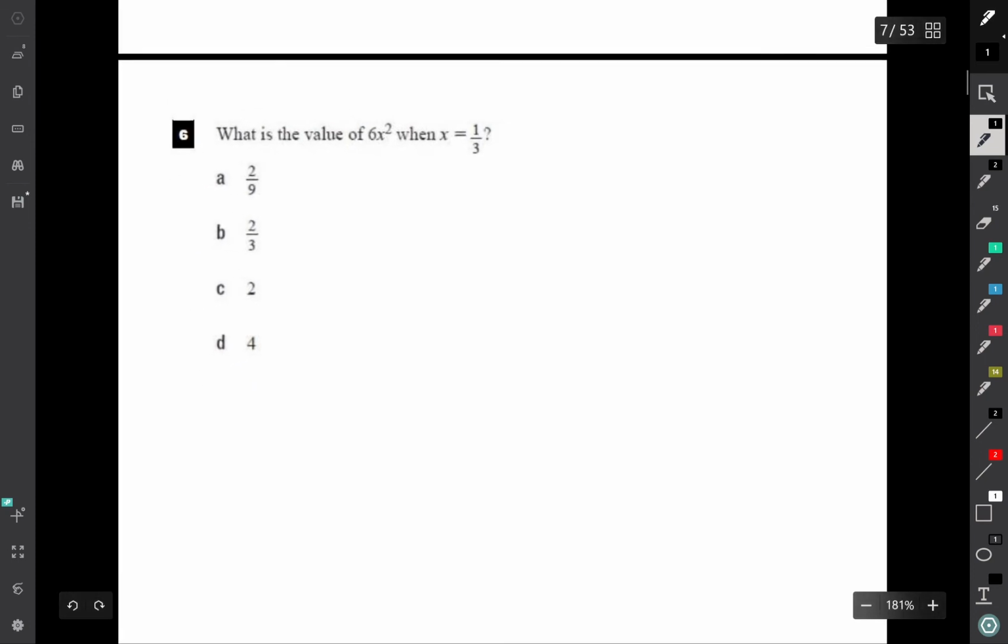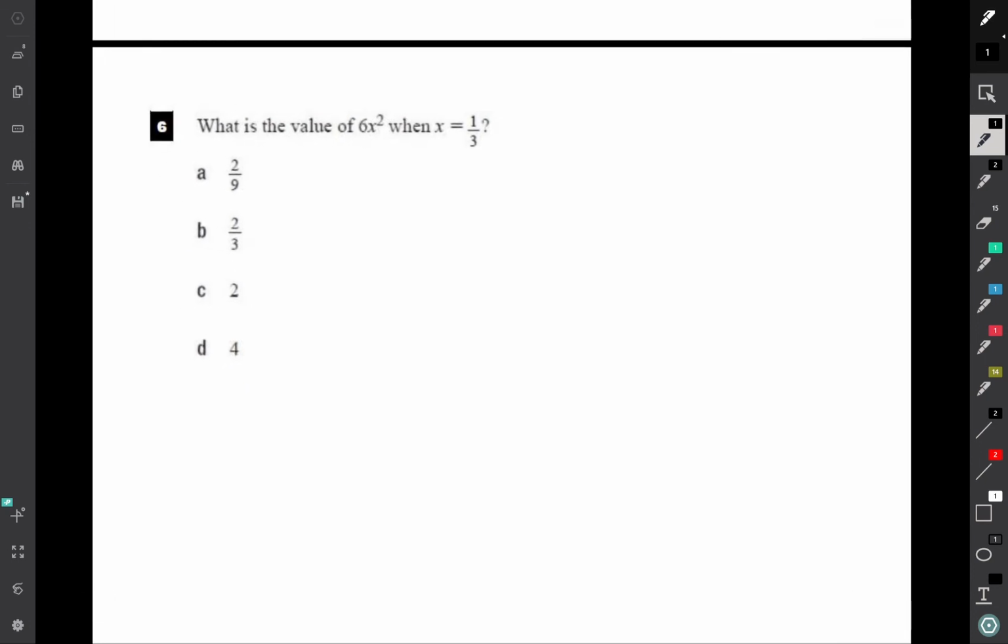All right, 6. What is the value of 6x squared when x is equal to 1 over 3? All right, so same idea as the last one. I'm going to just rewrite the expression 6x squared, and I want to replace the x with 1 over 3.